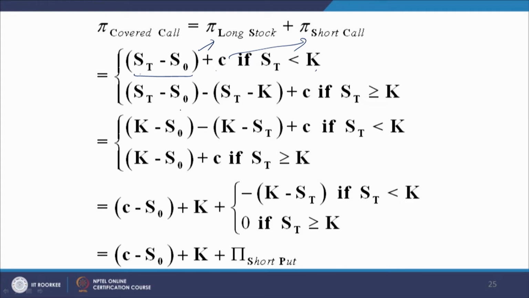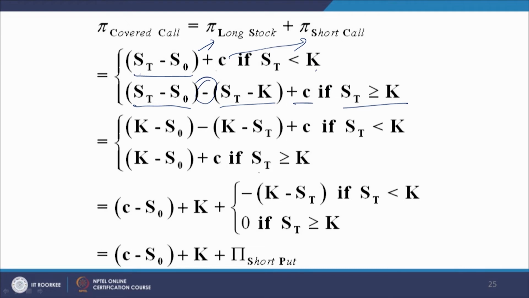And if ST is greater than K, what happens? If ST is greater than K, this part is unchanged because it does not depend on K in any case, and because of your short call position, you'll have to make a payment. This is the negative sign representing the payment of ST minus K, and this plus C is the premium that you pocket.